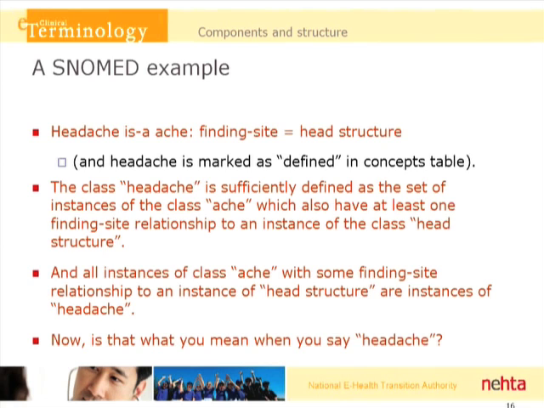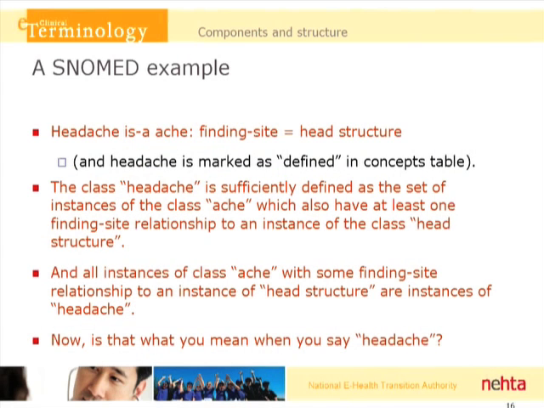A headache is a kind of ache which has a finding site which is located in the head. So headache is marked as defined in the concepts table because that's a sufficient definition of what a headache means. So this means the class headache is sufficiently defined as the set of instances of the class ache which also have at least one finding site relationship to an instance of the class head structure.